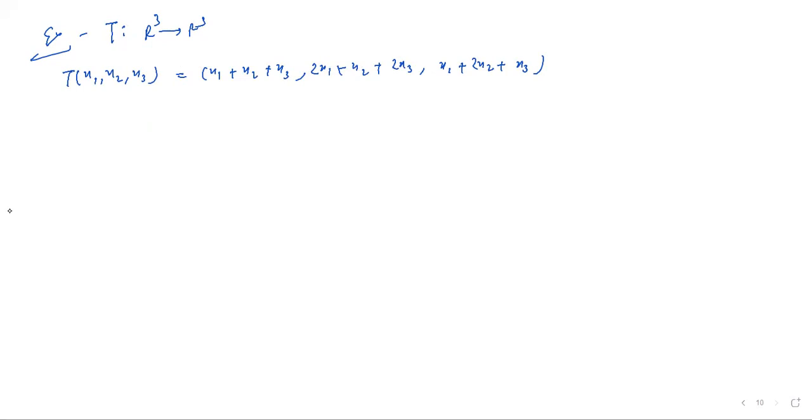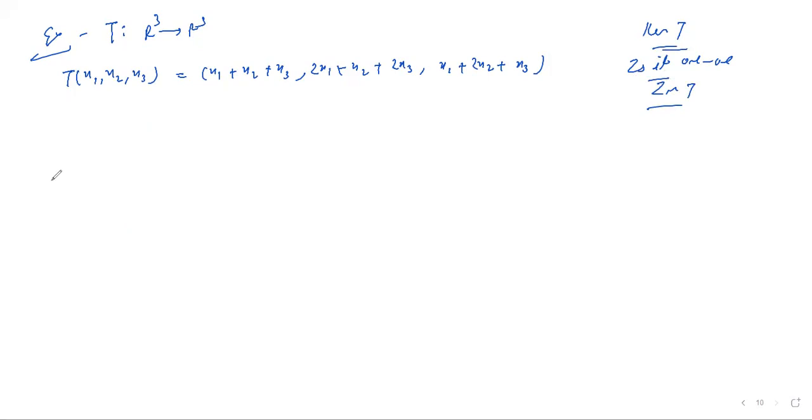Now I want to find the kernel, check whether (1, 1, 1) is in it or not, and the image of T. I want to find all these three things.